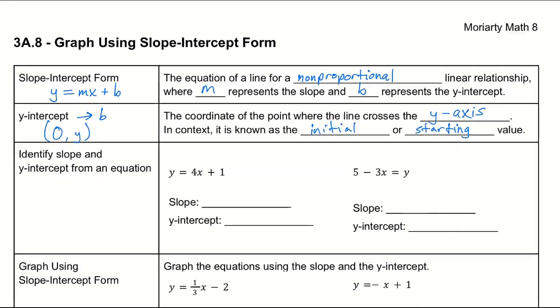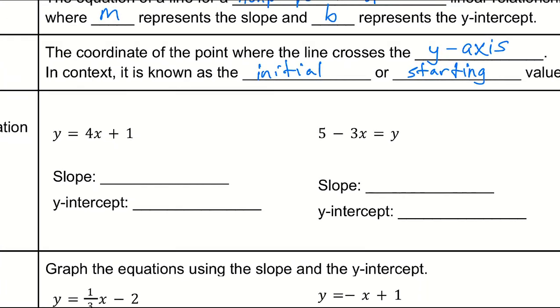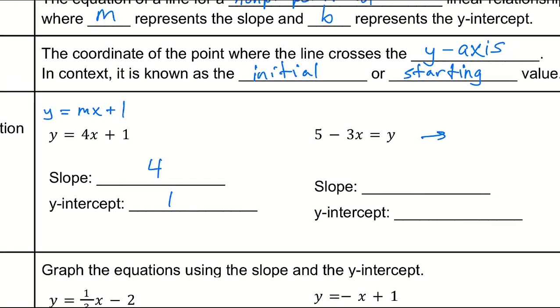Just a quick little recap on identifying slope and y-intercept from these two equations. This one on the left is in slope-intercept form. So when I set it up like that, the slope is going to be 4. The y-intercept is going to be 1. This one on the right, it's just reversed. So if you can identify it here, that's fine. But you could also rewrite it to where it becomes y equals, I like putting the slope first.